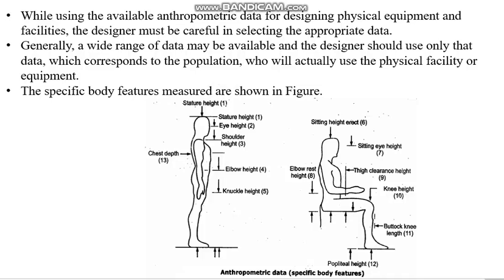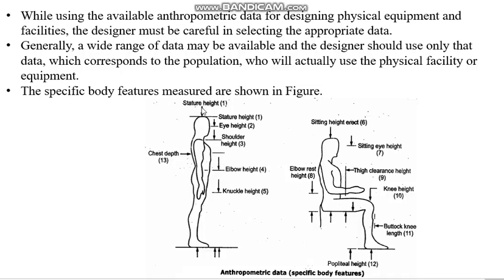Then it will be fitting, as in a man-machine joint system. Otherwise, they will be operating uncomfortably. So for those who are actually using the physical facility or the equipment, that population's anthropometric data we should use.